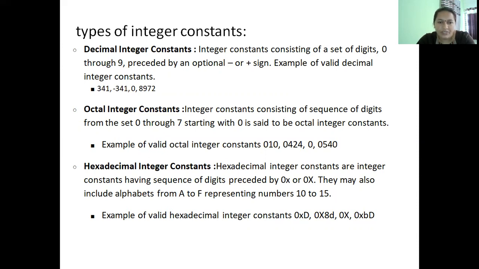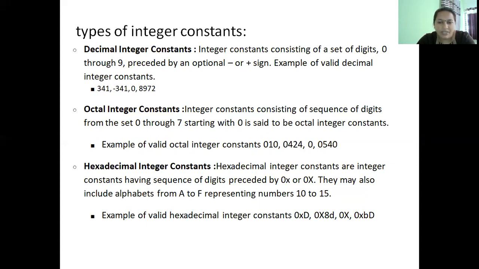The third type of integer constants are hexadecimal integer constants. These constants contain a valid set of digits from 0 to 9 and then A to F. 0 to 9 are the same as they were in the decimal number system. Then the numbers 10 to 15 are indicated by A to F respectively. So A stands for 10, B for 11, C for 12, D for 13, E for 14, and F for 15.